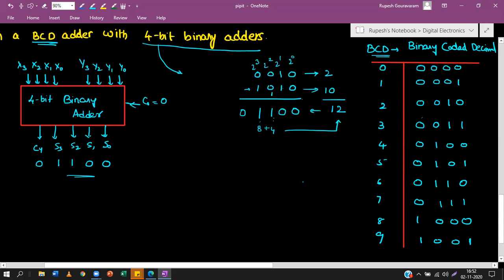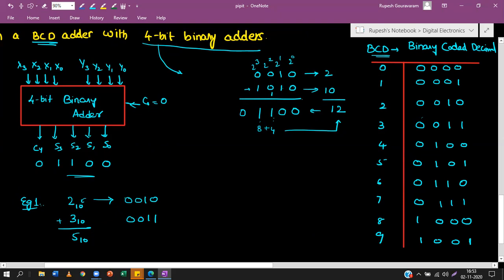Now let us see an example. If you want to add 2 to the base 10 plus 3 to the base 10, where base 10 means the normal decimal number system, if you add these two, you should get 5, is it not? And if you write in binary, this is 0010 and this is 0011.